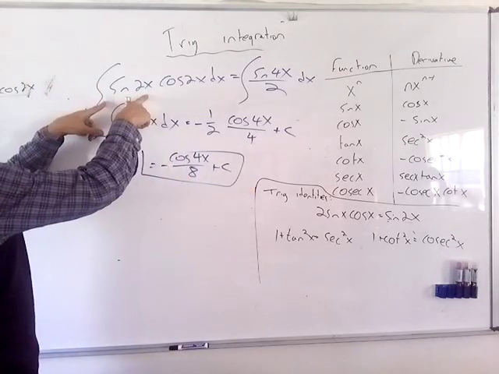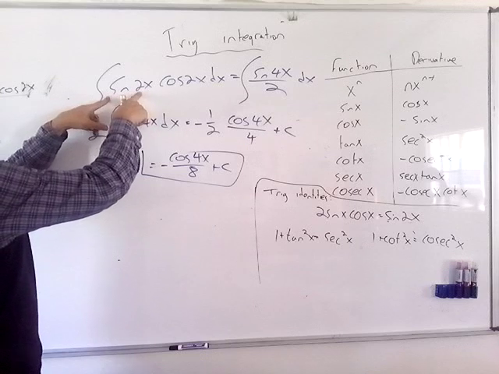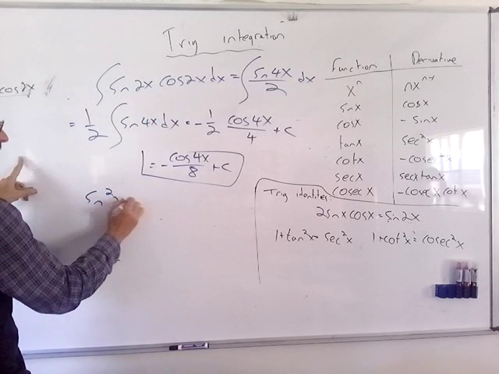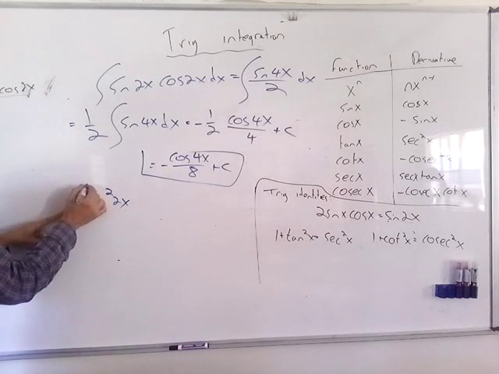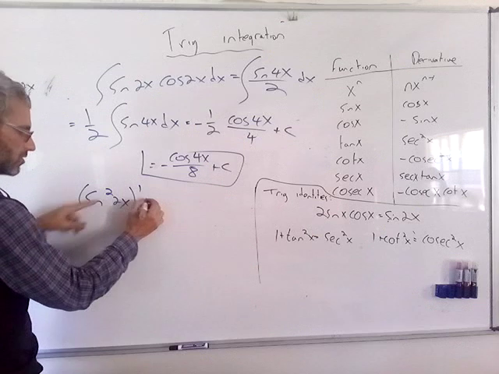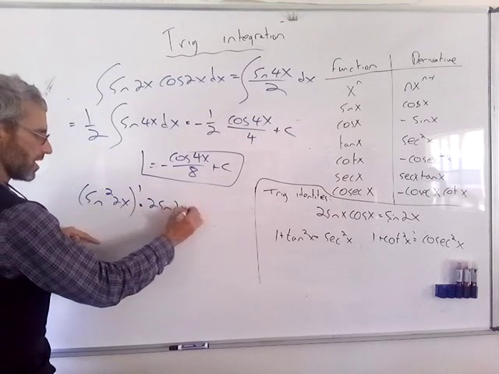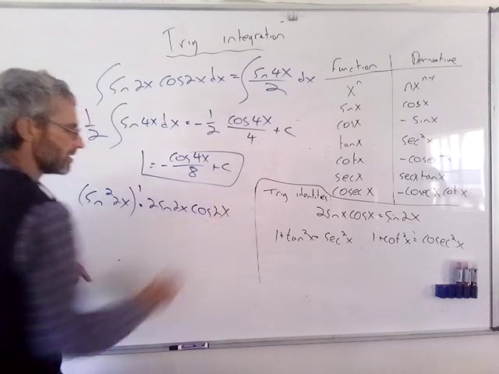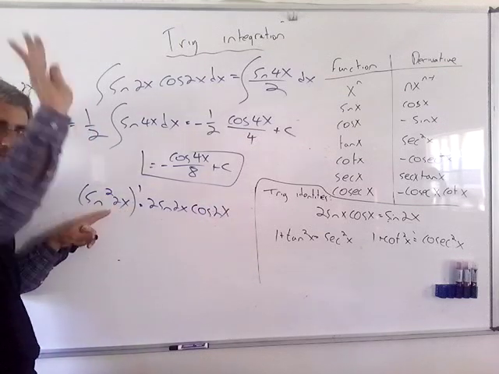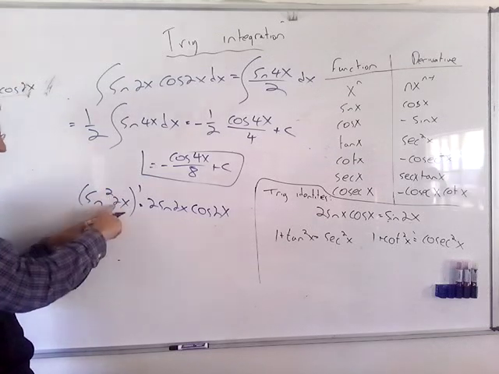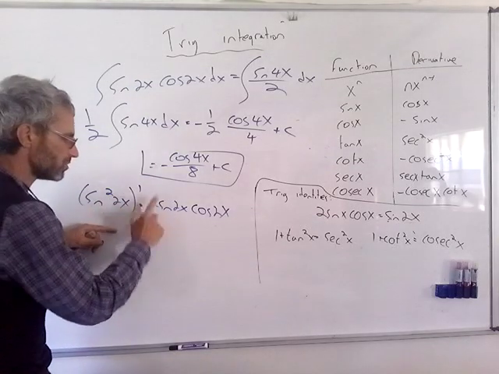The other way you can look at it is to say, maybe the original solution is sine squared 2x. Because if I do the derivative of sine squared 2x, that's going to be 2 sine 2x to the power of 1, times cosine 2x, and then I need to multiply it again by 2 because of that. So the first 2 comes out here, the second 2 comes from there, so it will be 4.